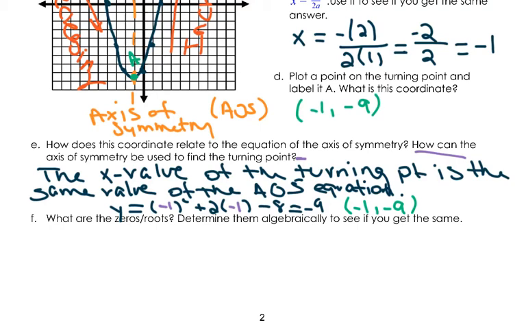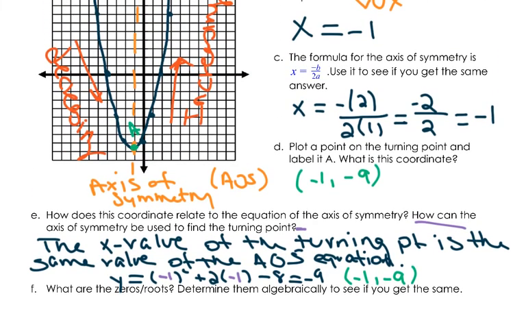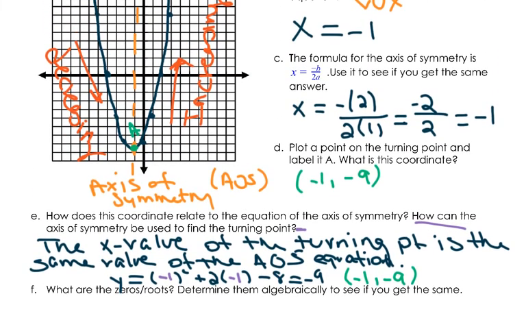Okay, so another thing says, what are the zeros, roots, and determine them algebraically to see if you get the same. Well, I'm going to scroll down a little bit to answer that question. So here, if we are looking at to find out what are the roots and the zeros, we also know another word for this is x-intercepts.